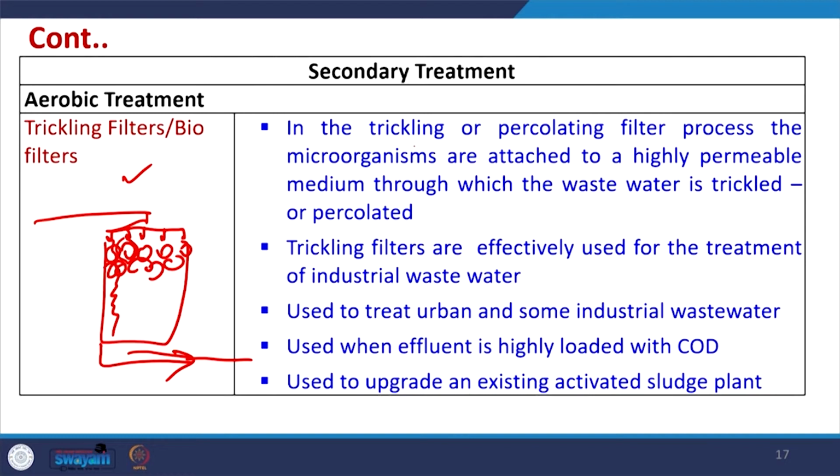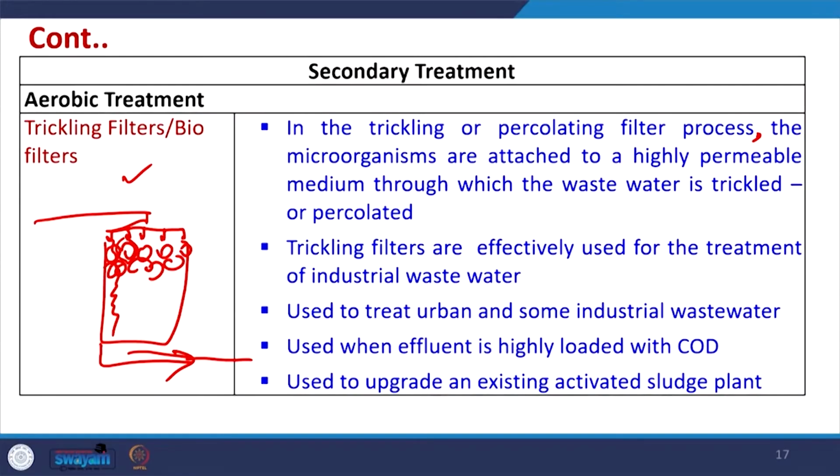In the trickling filter or percolating filter process, the microorganisms are attached to a highly permeable medium through which the wastewater is trickled or percolated, and these filters are effectively used for treatment of industrial wastewater. They are used to treat urban and some other difficult to treat industrial wastewaters also, and they can take a higher COD load as compared to the activated sludge process.